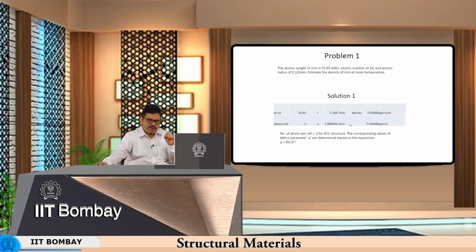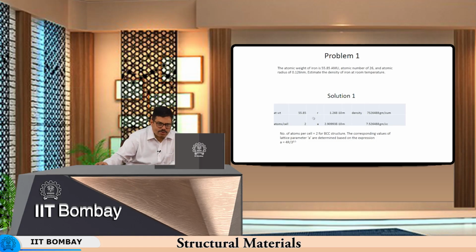So half of Avogadro number into A cube is the volume of unit cells in 1 mole of iron. So you have atomic weight 55.85 grams divided by this volume of Avogadro number of cells, and that gives you the density as 7.526 gram per cc.